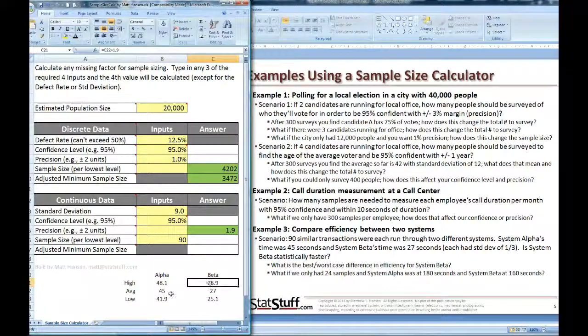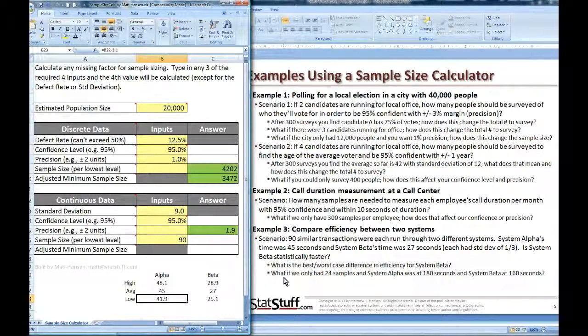The fact that these are so different from each other, between the 28.9 for system beta, their worst case, and alpha's 41.9, which is their best case, the fact that there's a big gap between those tells me that system beta is actually statistically faster, because on the worst day for beta and the best day for alpha, beta is probably still going to be much faster. So this would give me confidence in knowing the difference in the performance between both systems.